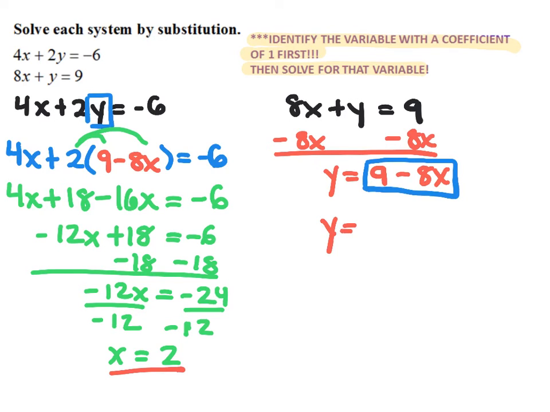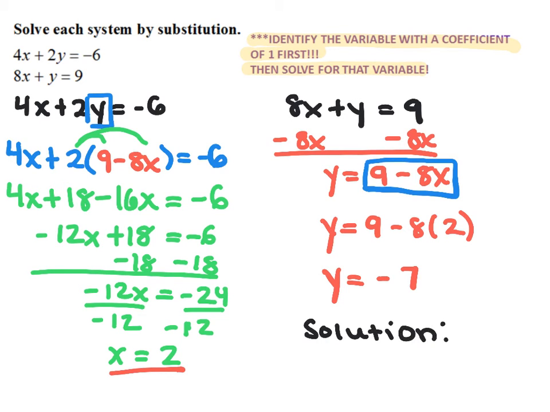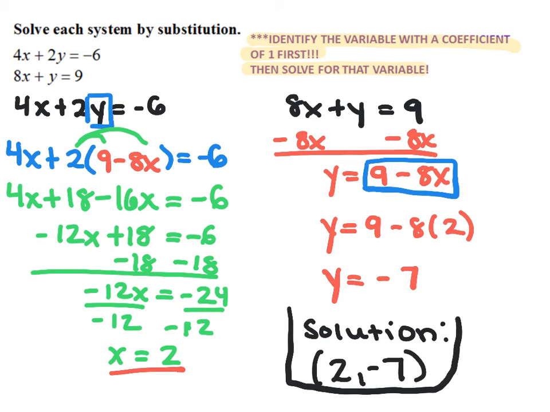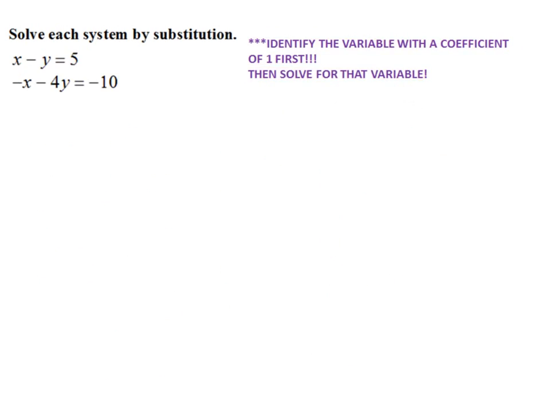So y equals 9 minus 8 times 2, so it'll give you y equals negative 7. So the solution to the system is 2 comma negative 7. Pause the video and try the last example on your own.